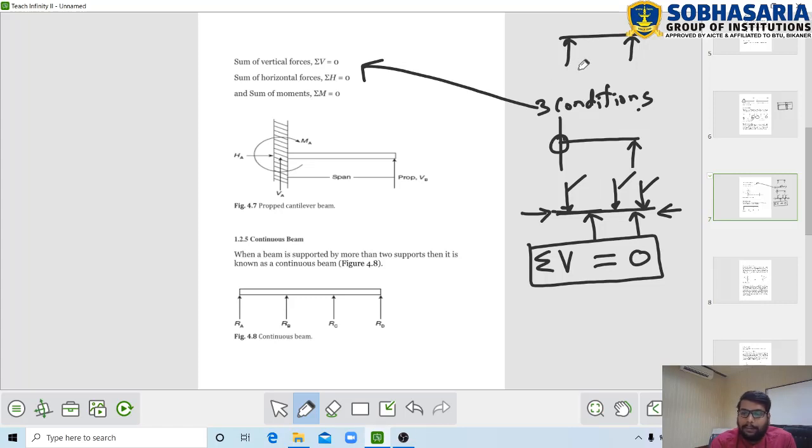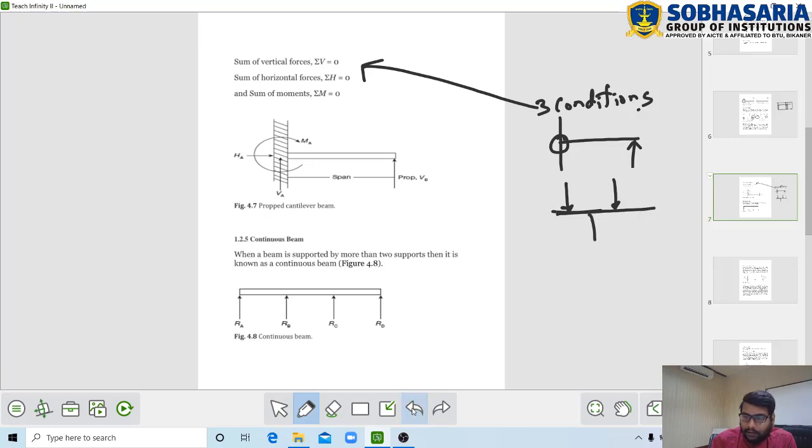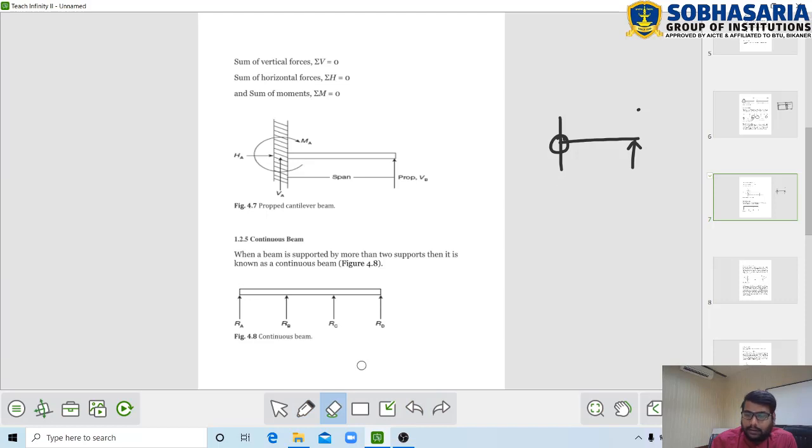So depending on the equilibrium condition, we can say the structure usually can be classified into two types, that is determinate structure and indeterminate structure. What is a determinate structure and an indeterminate structure?